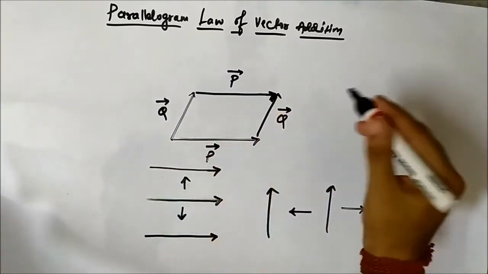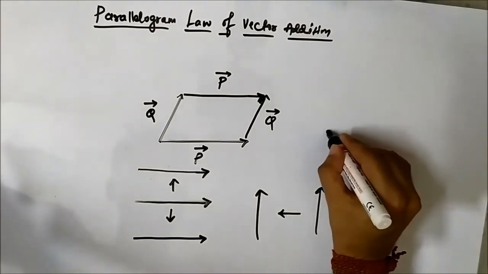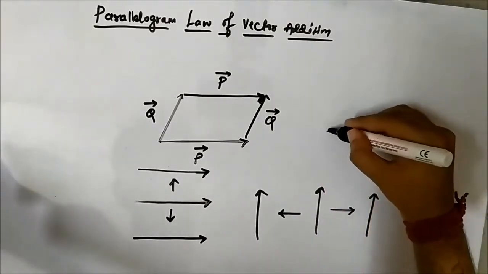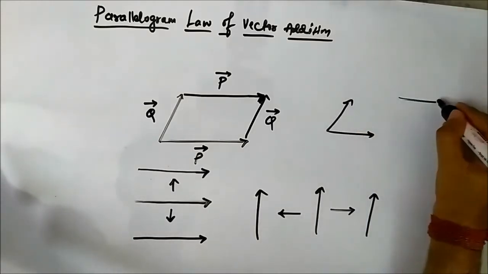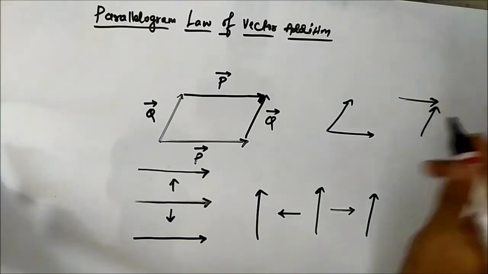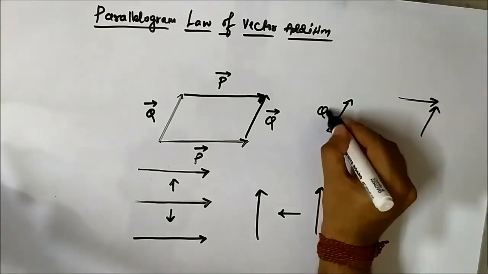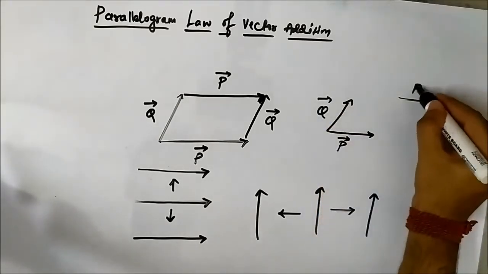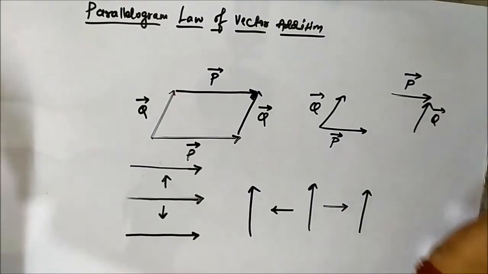Either the vector quantities like this or like this, they are the same thing. P vector, Q vector, or P vector, Q vector, they mean the same, the same effect will be produced.